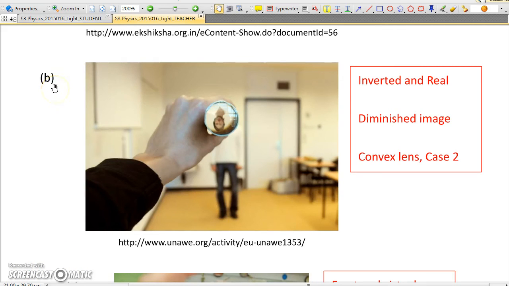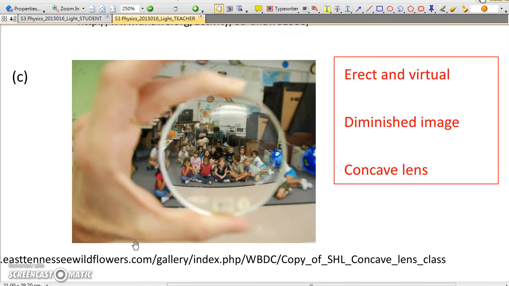This is picture B. You can merely see the man inside the lens, inverted. All inverted images are real, and of course the image is diminished. It is also produced by a convex lens, case 2. Picture C. The image is a diminished image, and erect, and all erect images are virtual.